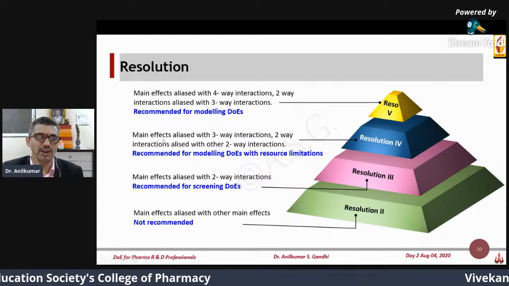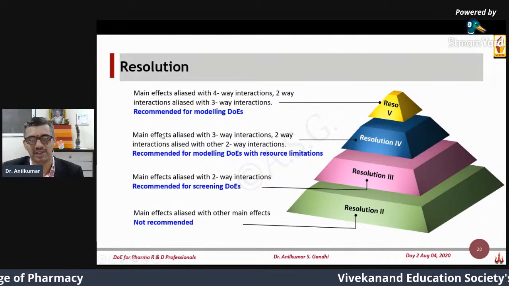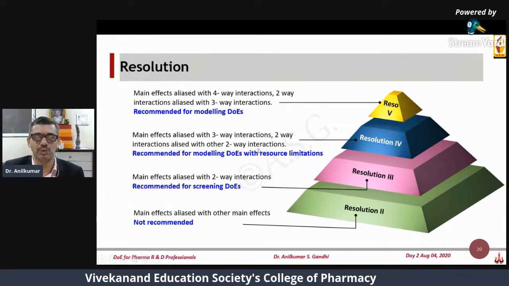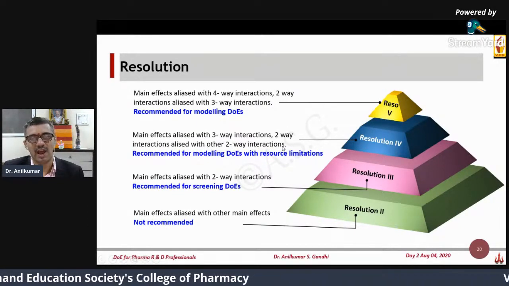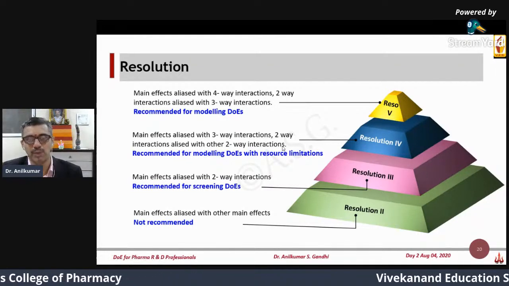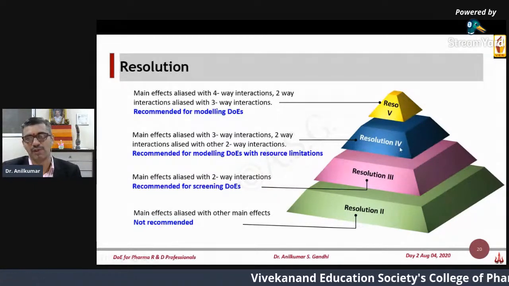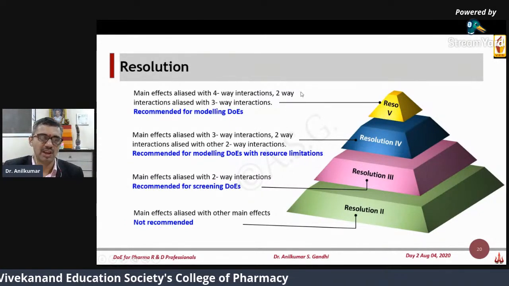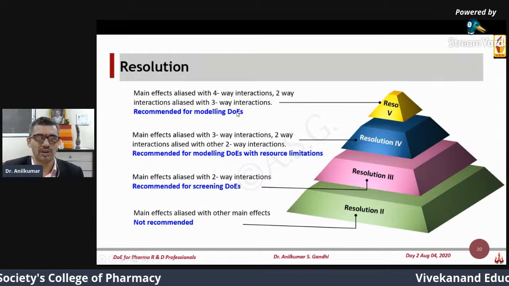So you are very confident of the main effect in resolution 4. The two-way interactions do alias with other two-way interactions. However, when you're looking at main effects, I think resolution 4 design is good. And you have resolution 5 design, which is most recommended for modeling.